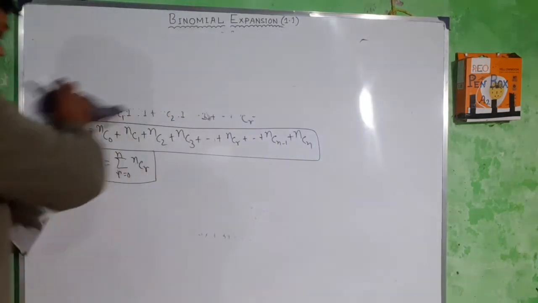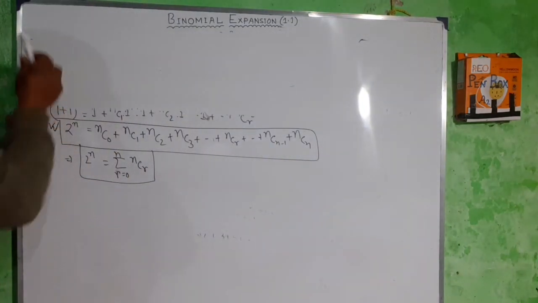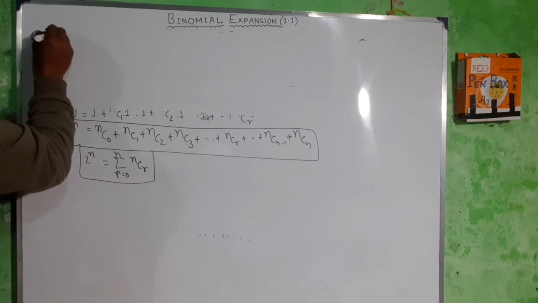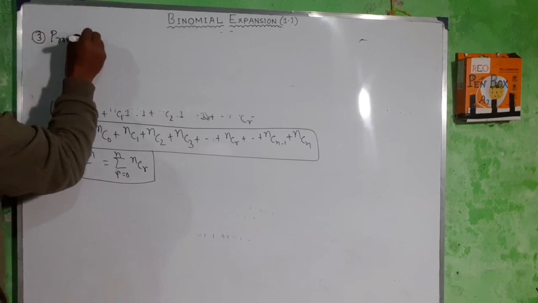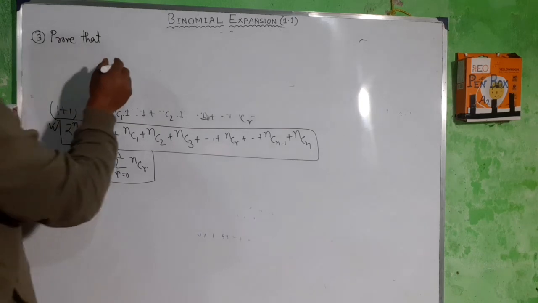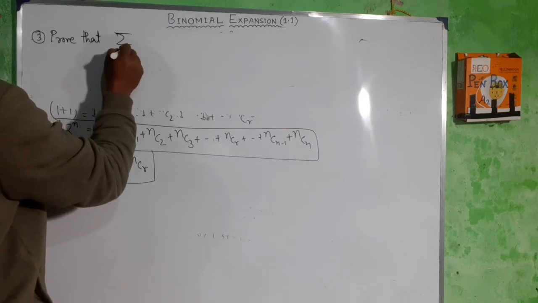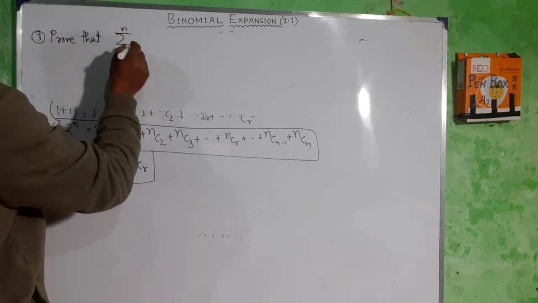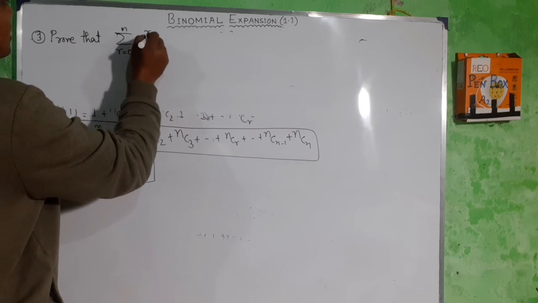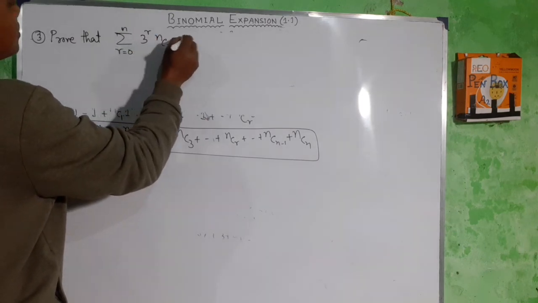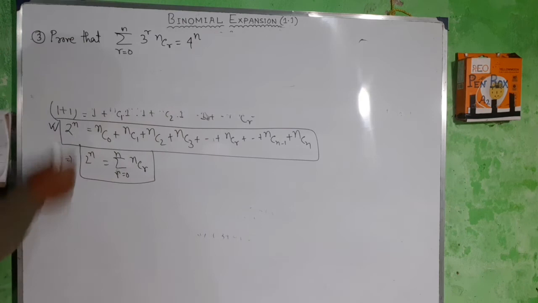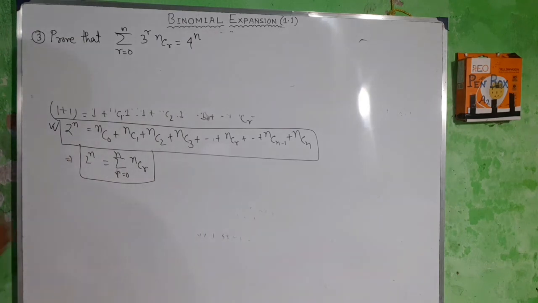Okay, so now the last problem we will do. By using this type of result, prove that the summation for r equals 0 to n of 3 to the power r nCr equals 4 to the power n. We have to prove it.